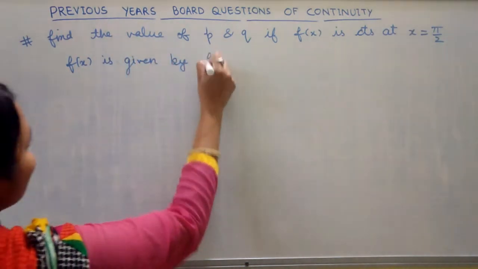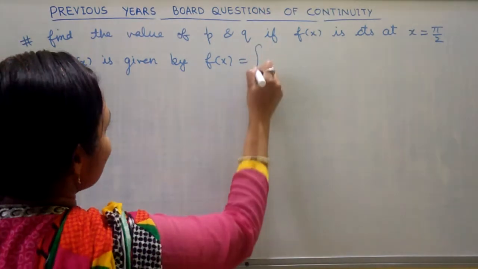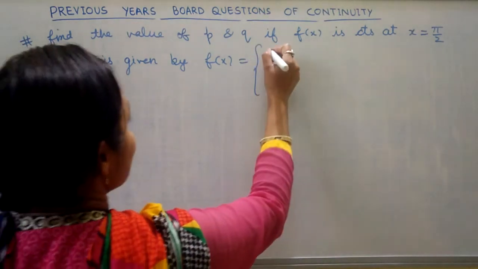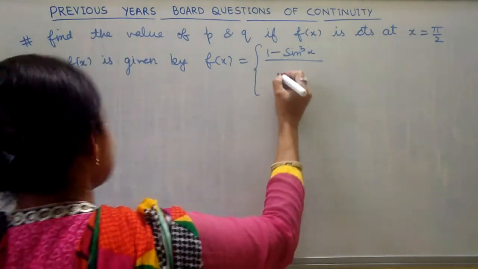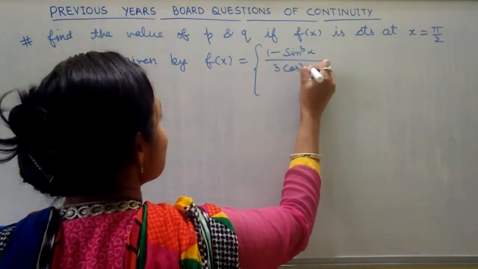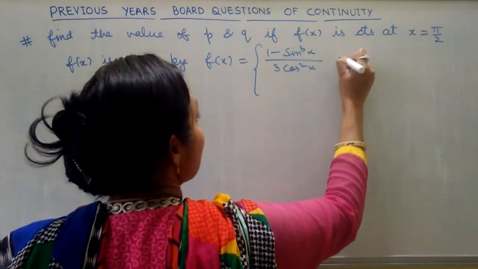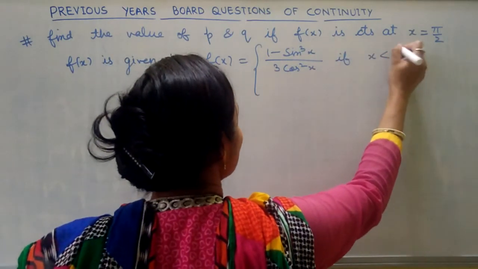f x is equal to 1 minus sine cube x upon 3 cos square x, if x is less than pi by 2.